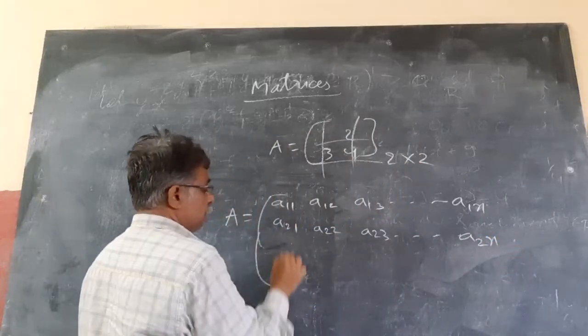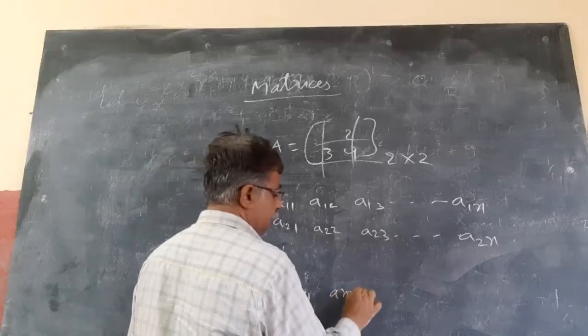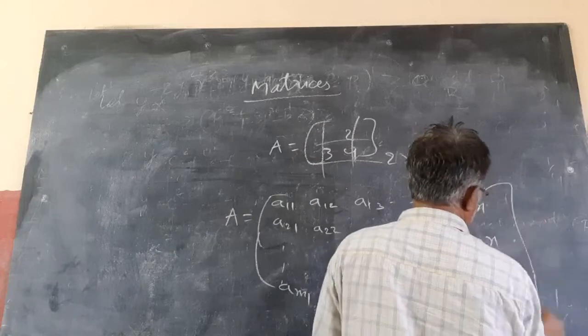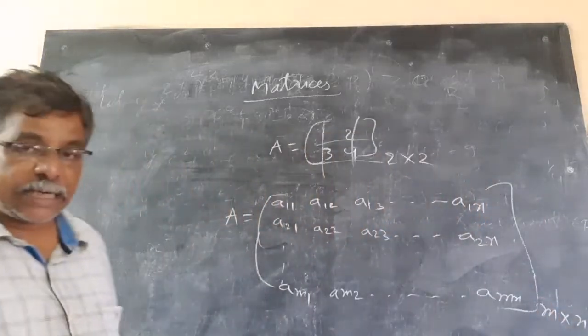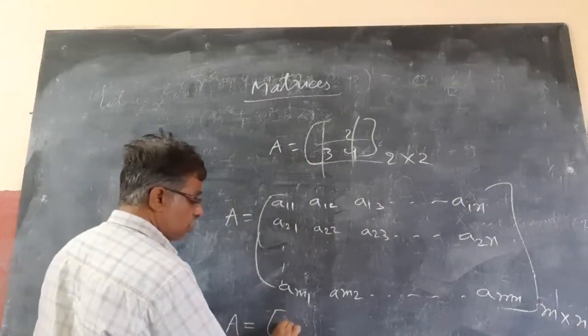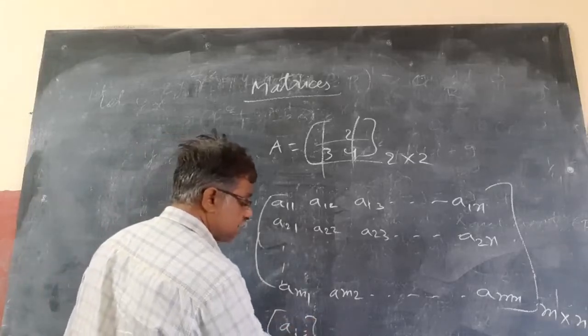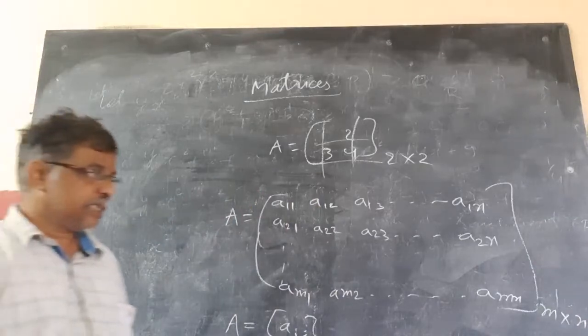If I continue to m rows like this, then Am1, Am2 and so on till Amn. So the order of this matrix is m by n. This is represented as A equals A of ij, of the size m by n.